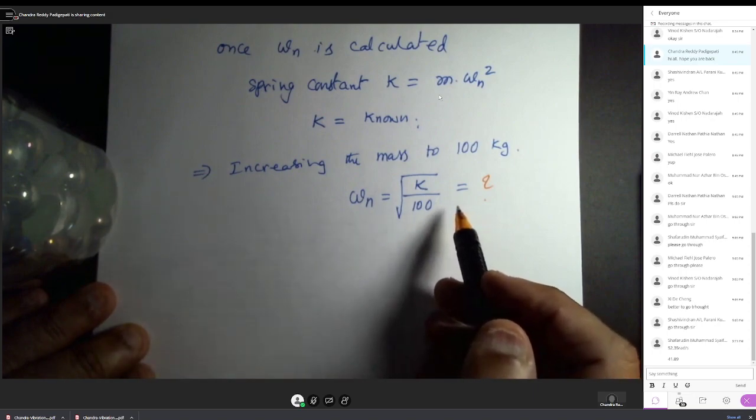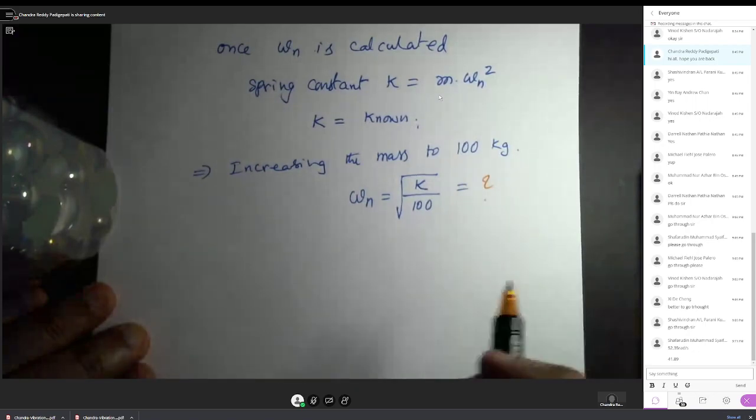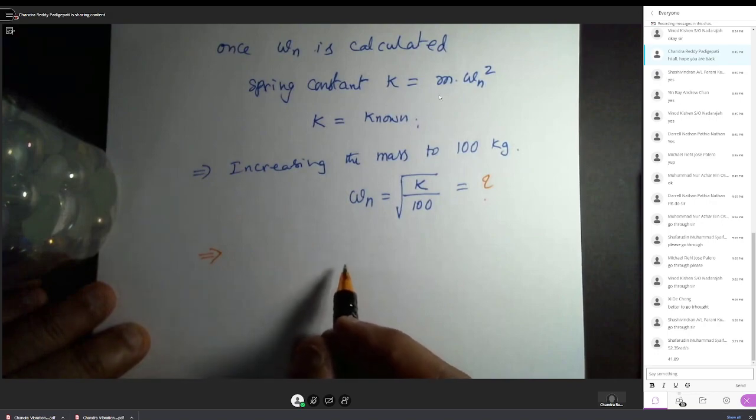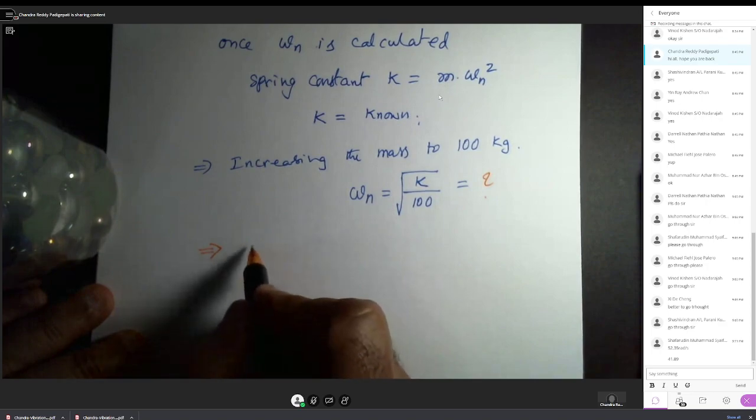So you need to make sure whether this natural frequency falls within the normal operational range or not. If it falls within the normal operational range, then definitely resonance will take place. Therefore, you need to avoid this. That means you cannot increase the mass to 50 kg.